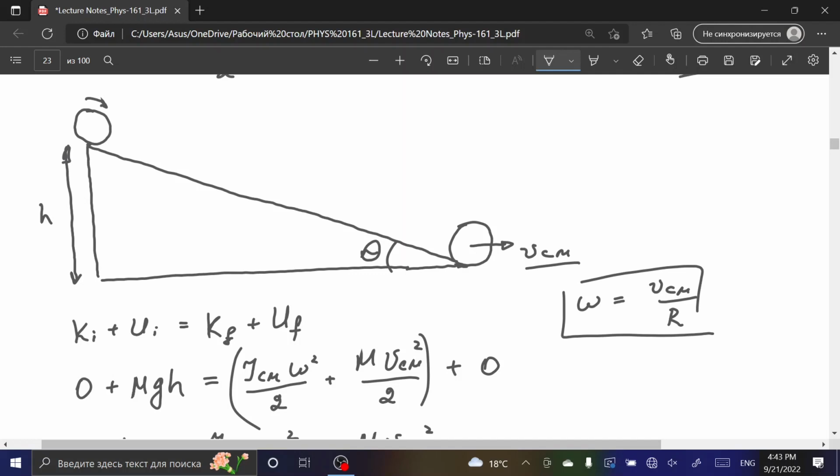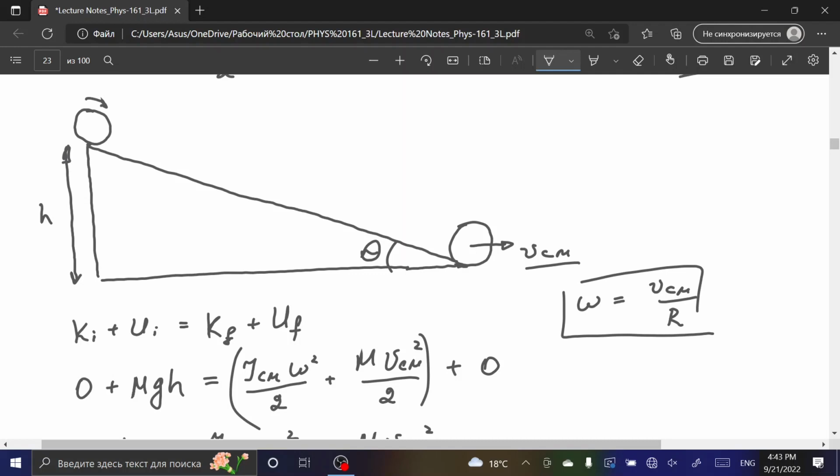We initially have the same potential energy, but then we convert it into two types of kinetic energy. First one, rotational, and second, translational. That means that for the block we converted all potential energy to translational kinetic energy, which corresponds to velocity of the center of mass.